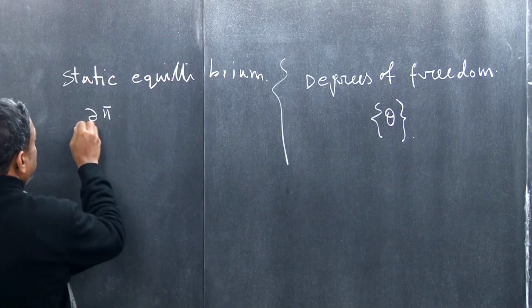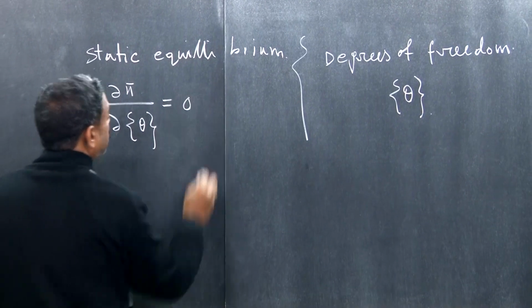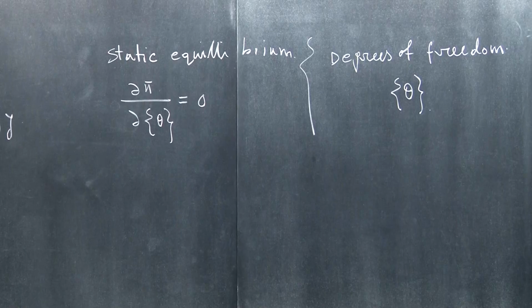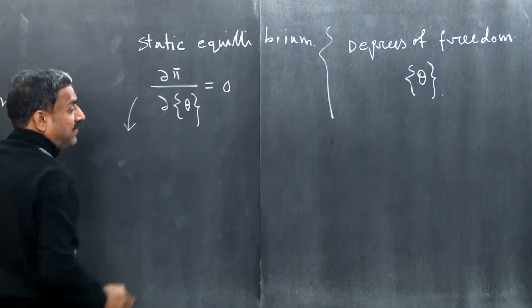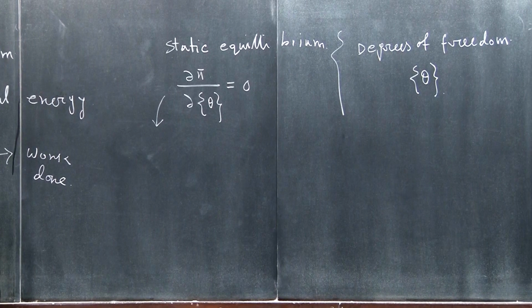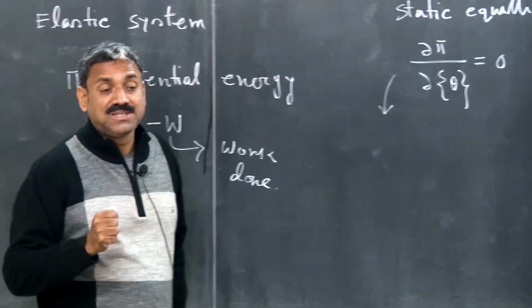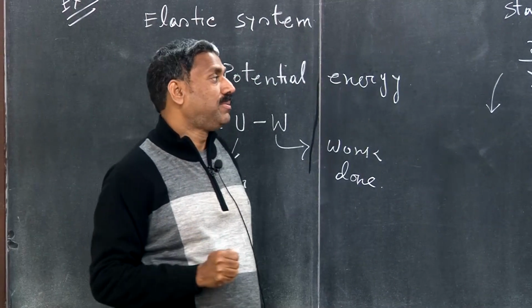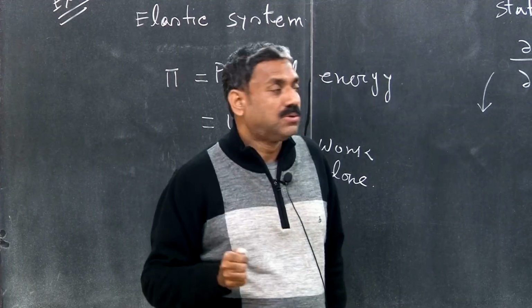So, del pi del theta must be equal to 0. So, you get the set of equations for the equilibrium. That is the zeroth order or first order information that we learned. This is for establishing the equilibrium. You will see what the equilibrium equation will be. That's what we have used in statics, even in dynamics, to solve the system.